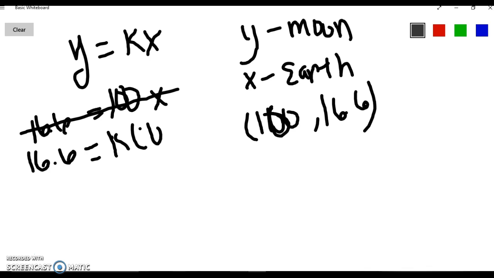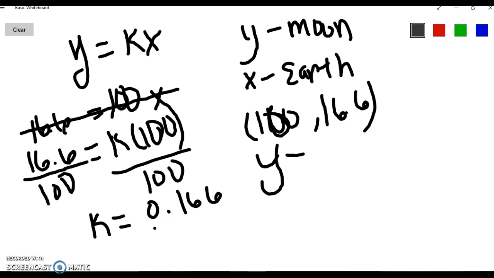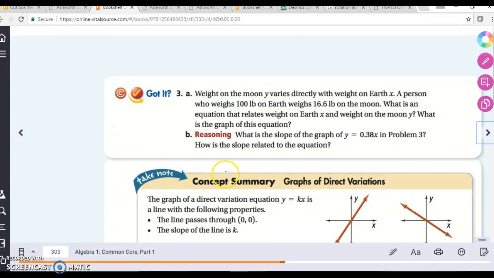I'm looking for K. So my X is 100. I'm going to divide both sides by 100. And I get K equals 0.166. So my direct variation equation is y equals 0.166x. Okay. It says, what is the graph of the equation?